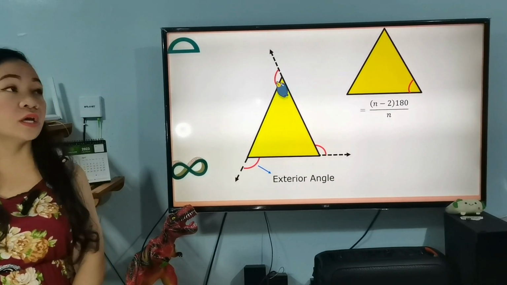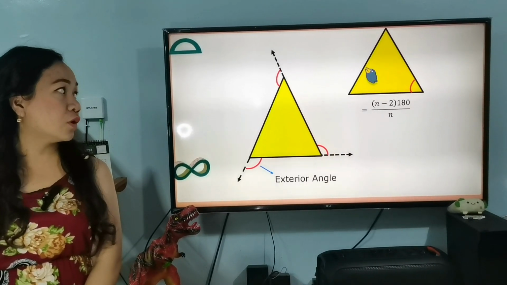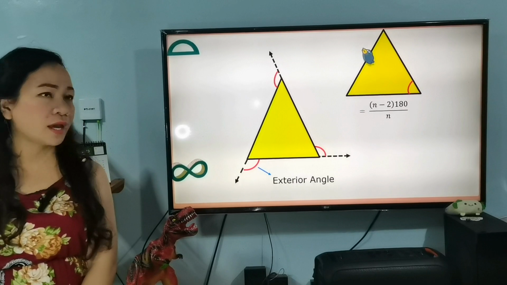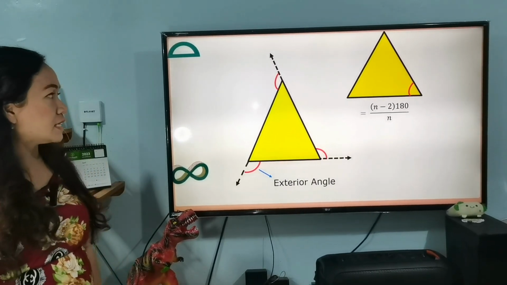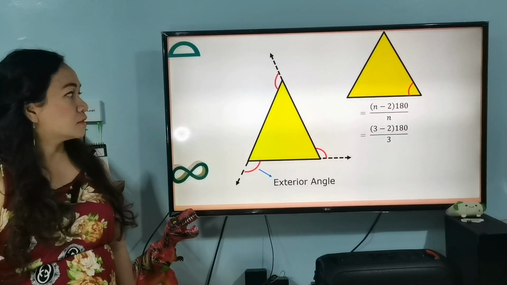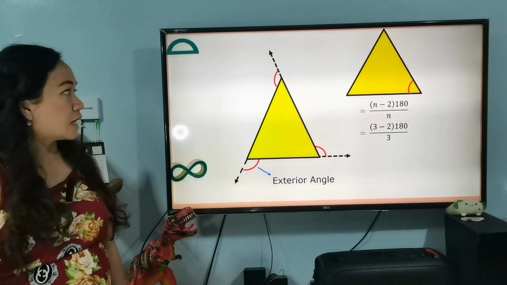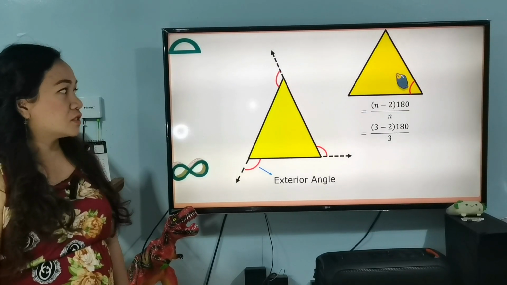As we all know, to get the interior angle of a given polygon, this is the formula: n minus 2 multiplied by 180, divided by n. The number of sides of our given triangle is 3.